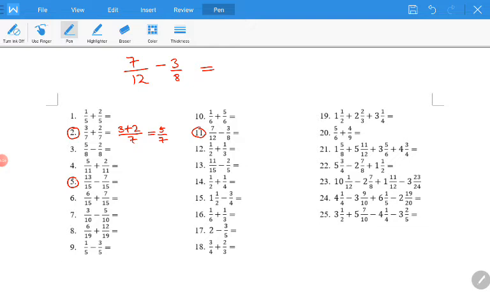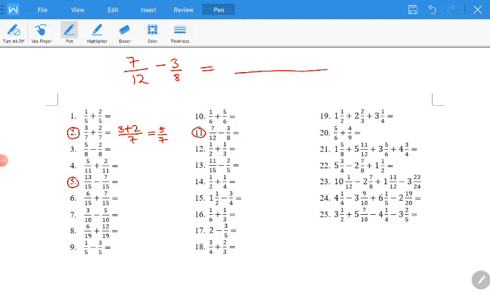And it's wiser to take the lowest common multiple as the common denominator. A lowest common multiple is a number which, when divided by 12 and 8, we get no remainder.